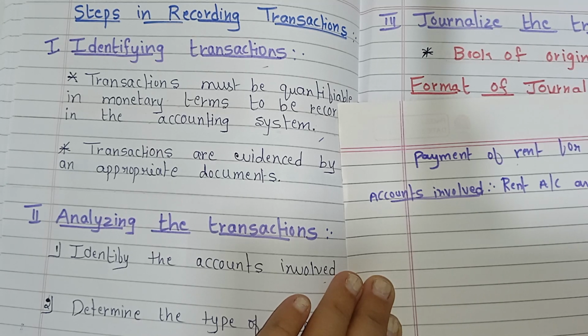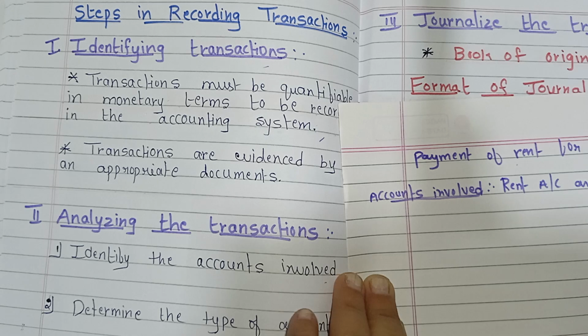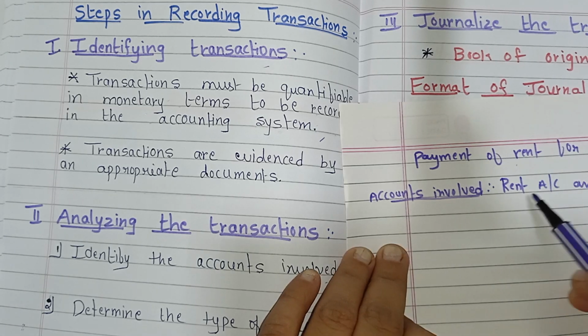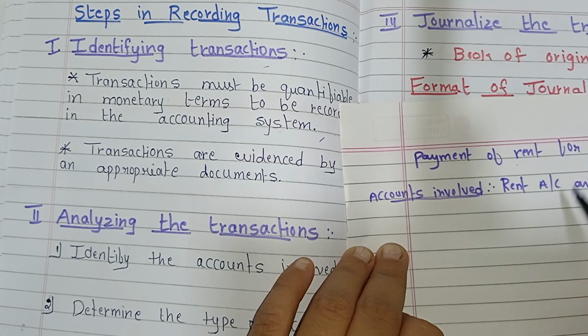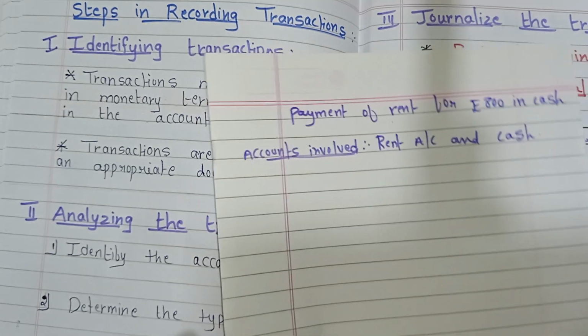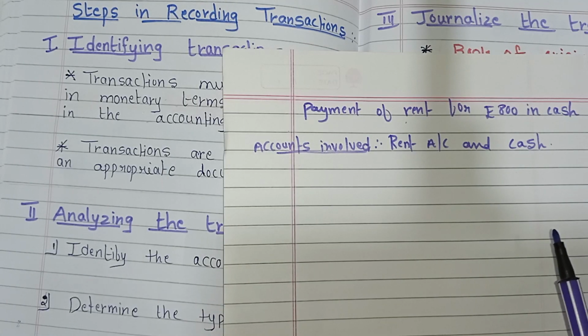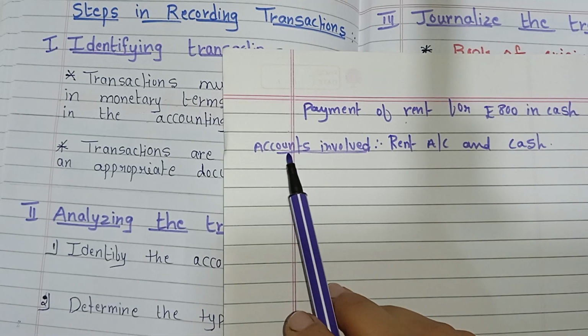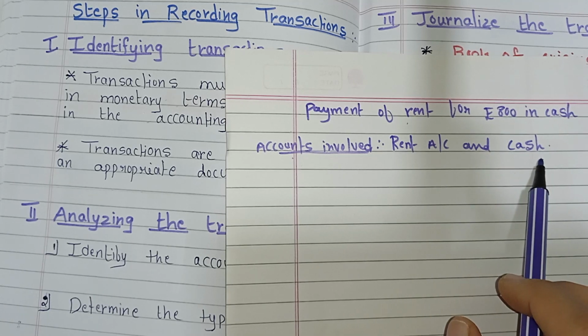We are making payment of rent for rupees 800 in cash. We are paying the rent in cash. Fine. Paying rent increases the company's expenses, and cash decreases. Why? Because payment is made in cash. So here the accounts involved are the rent account and the cash account.